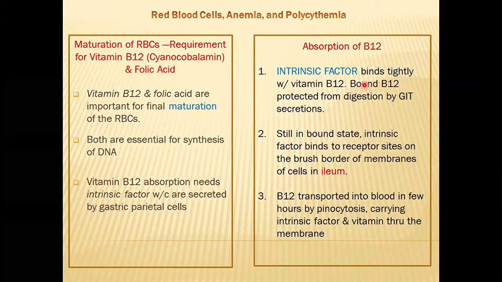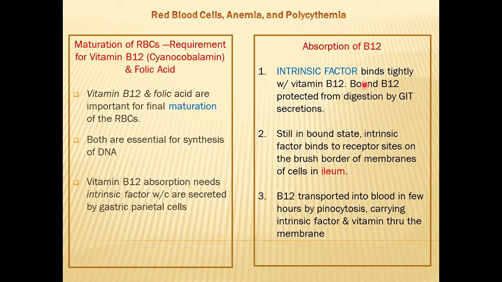Okay, because folic acid is important for maturation of RBC, and then for your B12 to be absorbed, you need the intrinsic factor. So absorption of B12 requires this intrinsic factor.